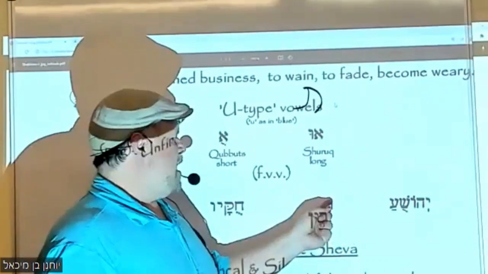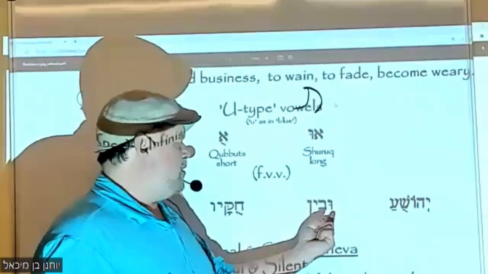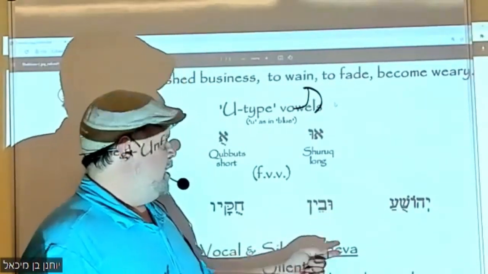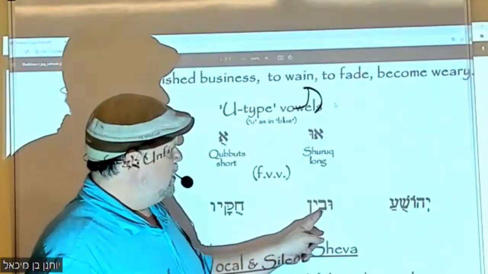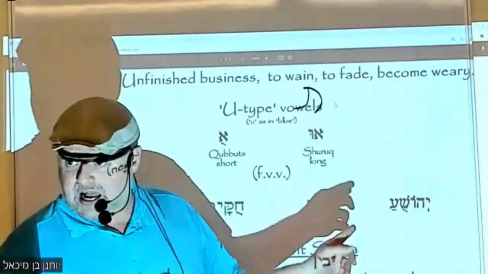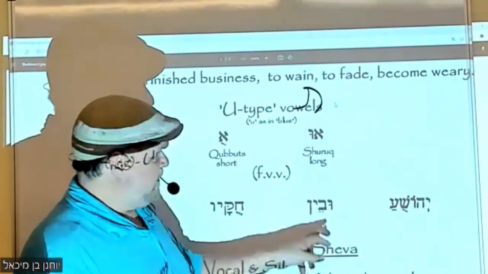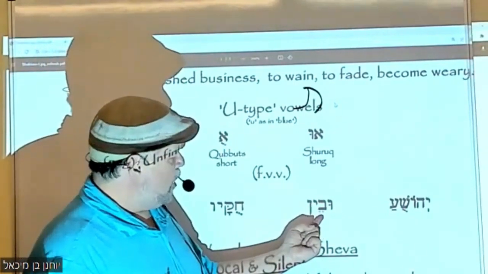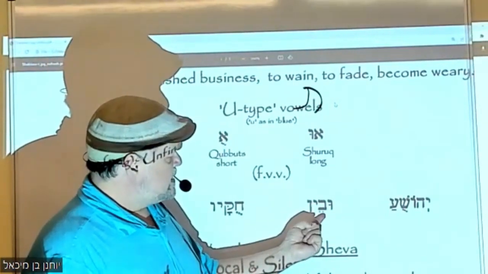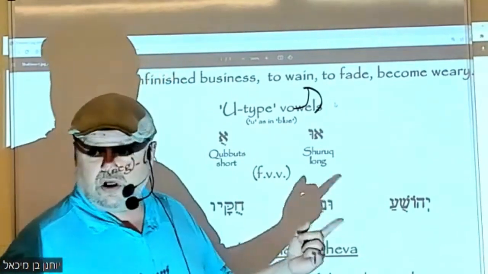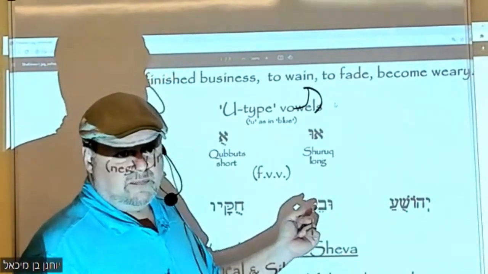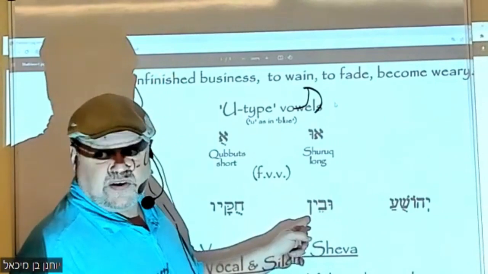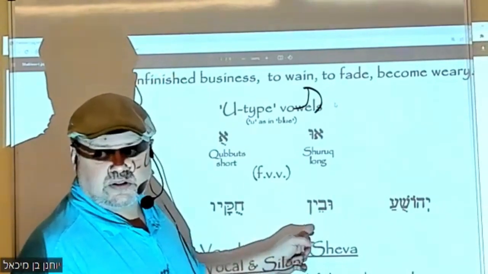We have a vav pointed shuruk, so that gives us what sound? U. Then we have the letter bet, no dot inside, right? So it's going to be a vet, but it's pointed how? Tsere yod, so long duration E type vowel, with nun sofit, right? See how he's hanging down below the line?